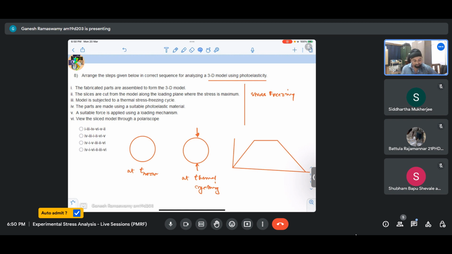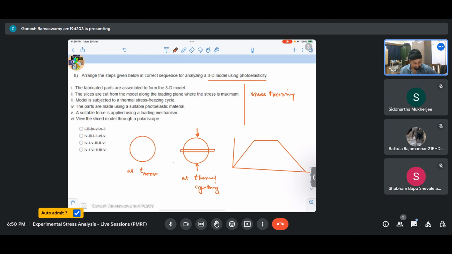Now, because it is a disk, we can directly see it. If it were a complex model, we know that in case of photoelasticity, it basically gives us only stresses that are perpendicular to the light path. In which case, if we want to discern what the distribution is, let us say along this line, what we would be required to do is actually cut a slice out of this.